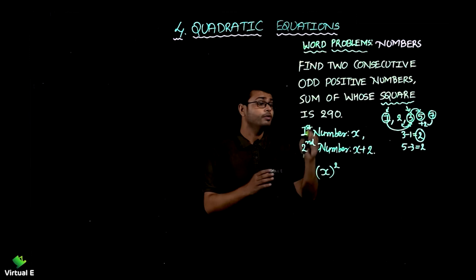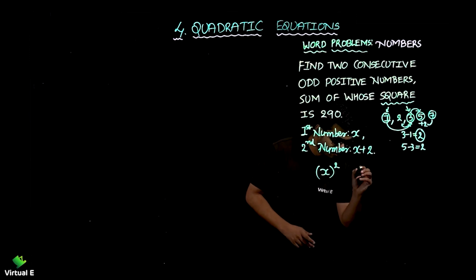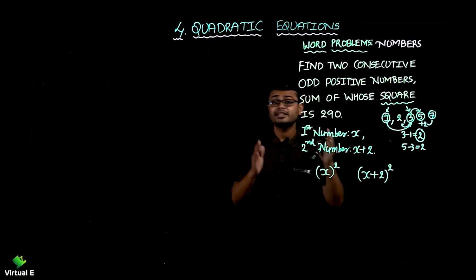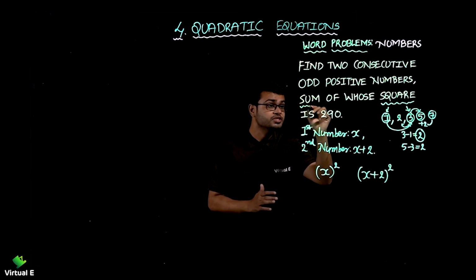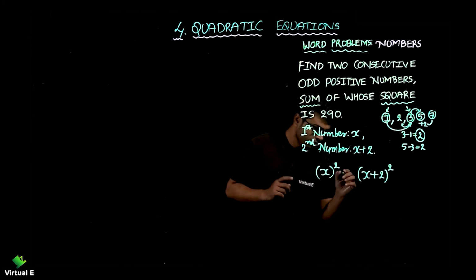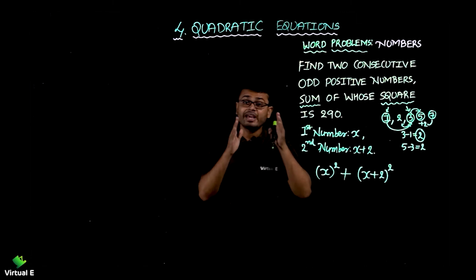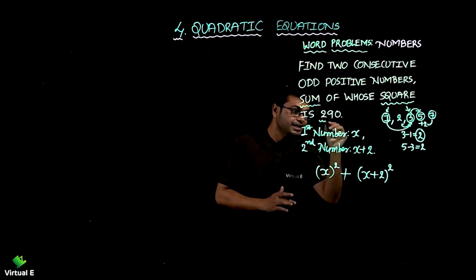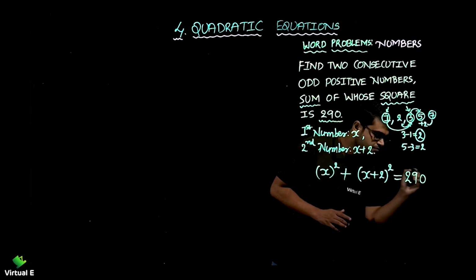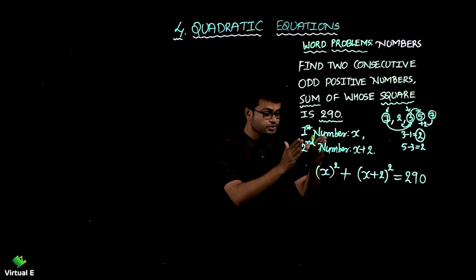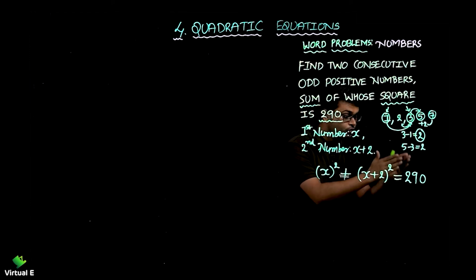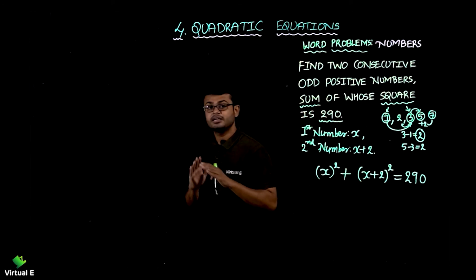Now the square of the second number is x plus 2 whole square. Sum means the operation plus, so I add them, and the answer is 290. First we square each term, then take the sum, and that gives 290. Very easy, right?